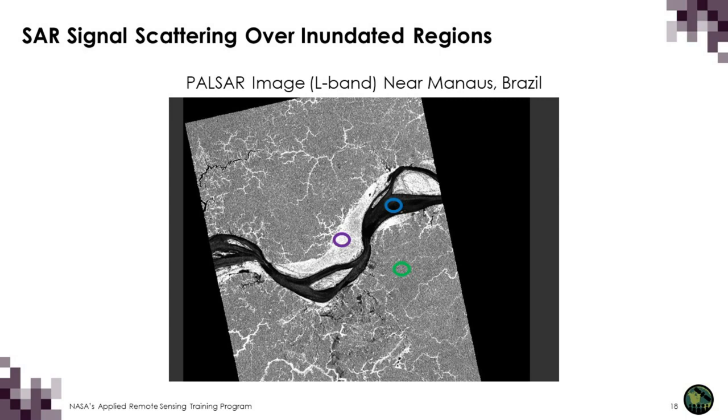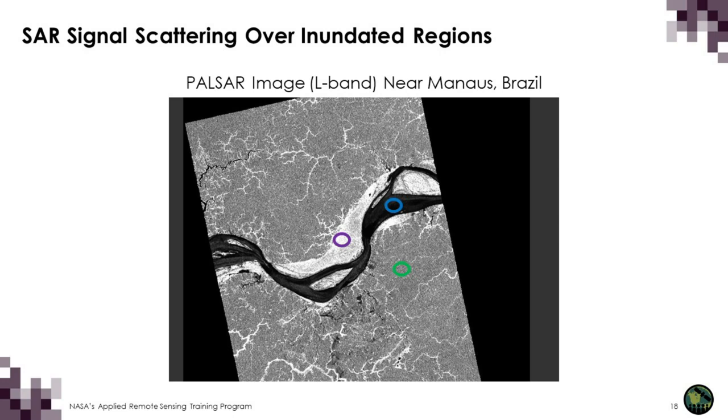The areas that are relevant to flooding are really the dark areas. So that's open water. Remember, that's specular scattering. An example of that is the blue circle, which is the Amazon River. And then an example of double bounce, which is flooded vegetation, are all of those really bright white areas. An example of that is the purple circle that you see here.